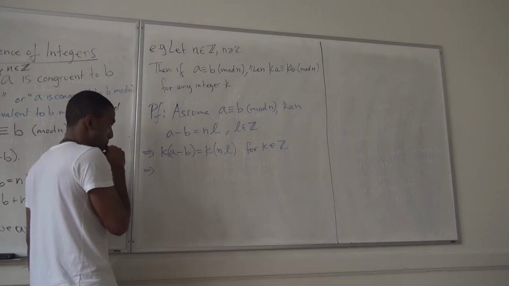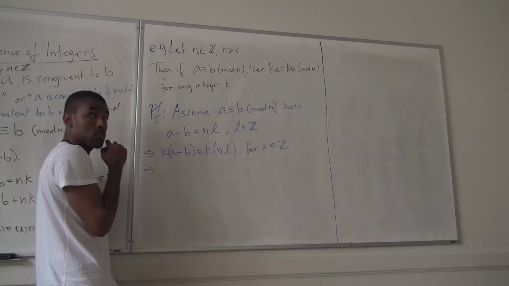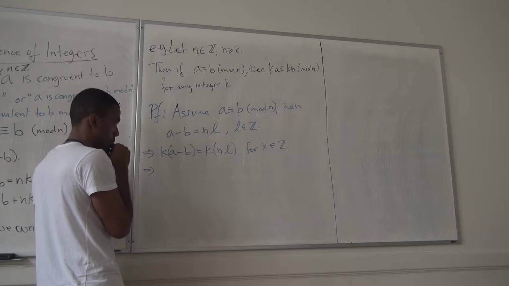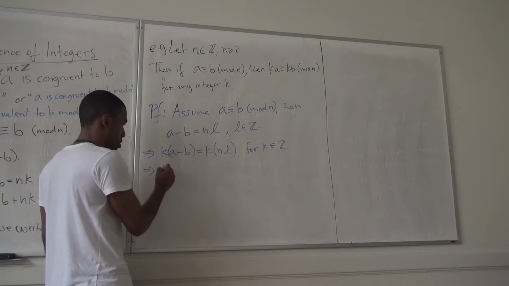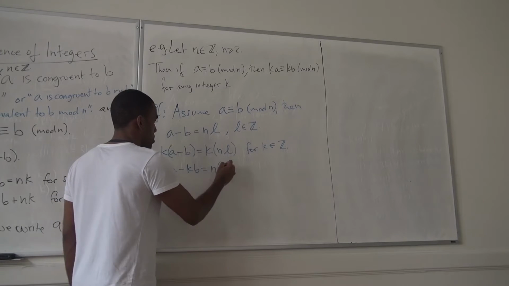What can you say now? Just distribute: kA minus kB is equal to n times kl.